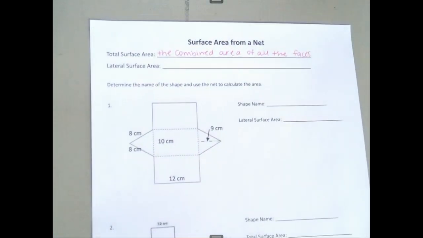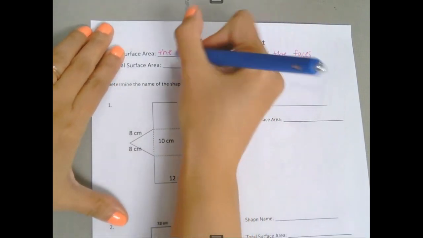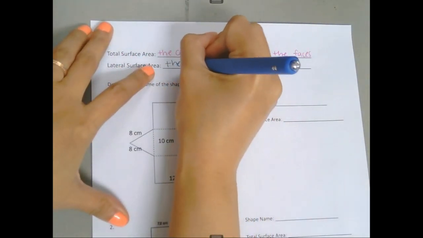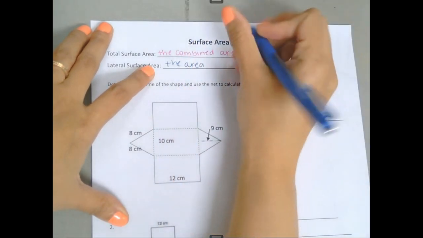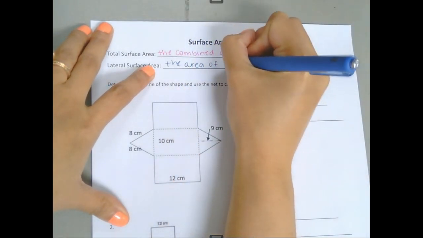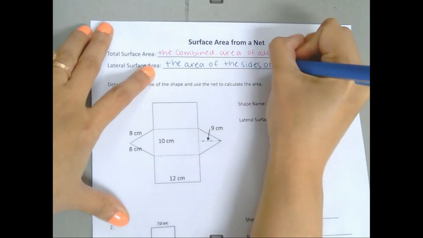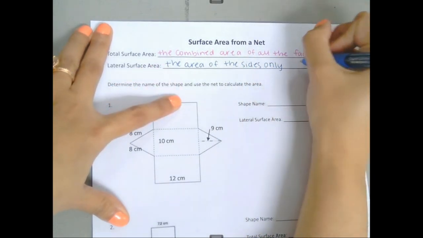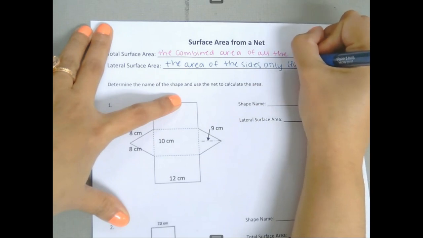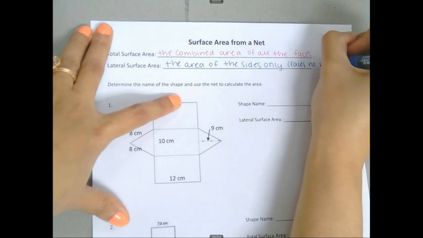And then lateral area is the area of the sides only. I like to remember lateral as faces, no bases.